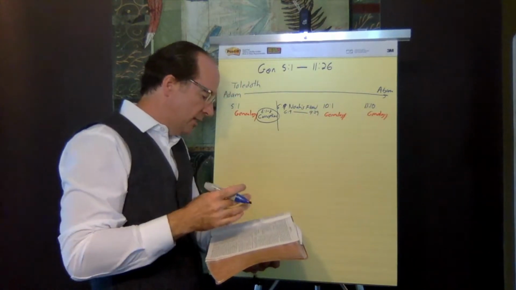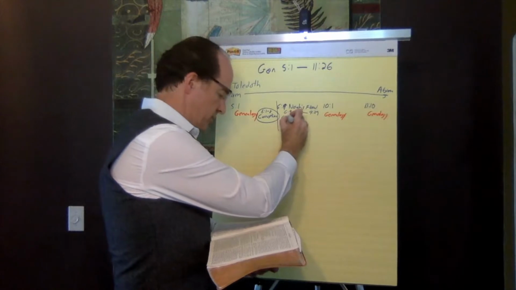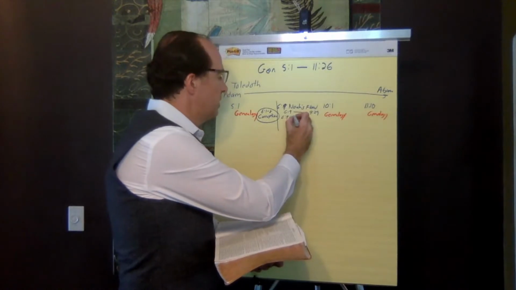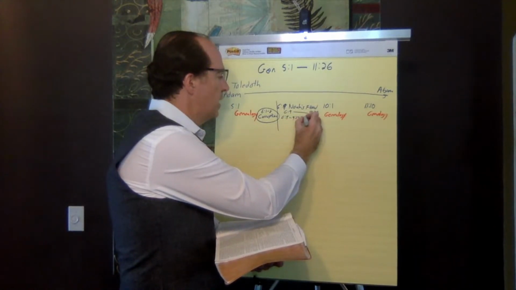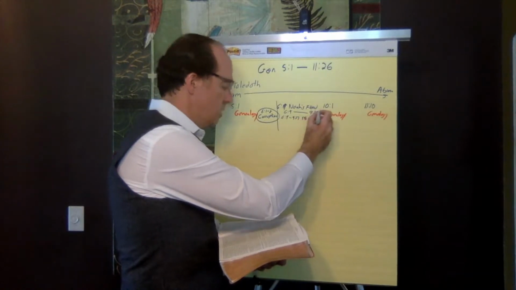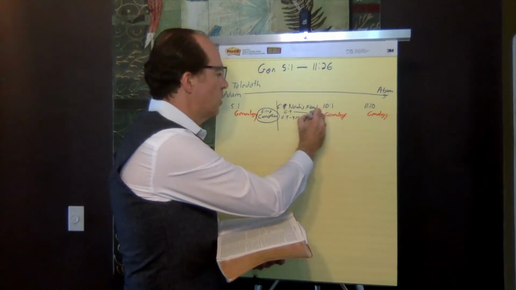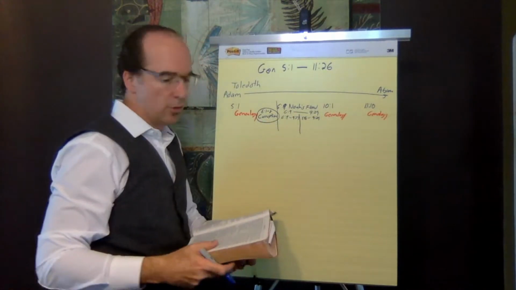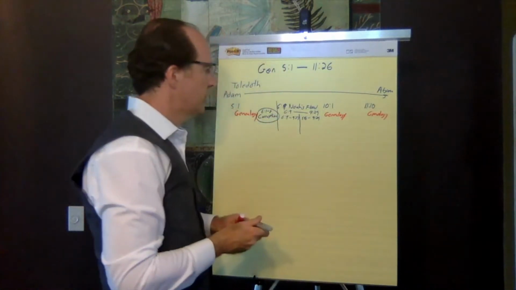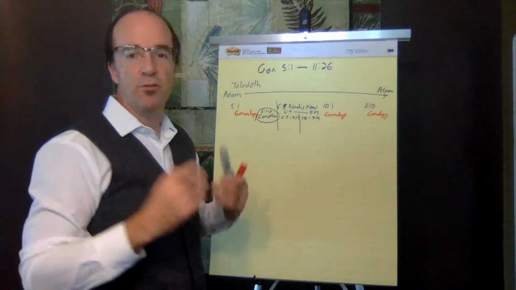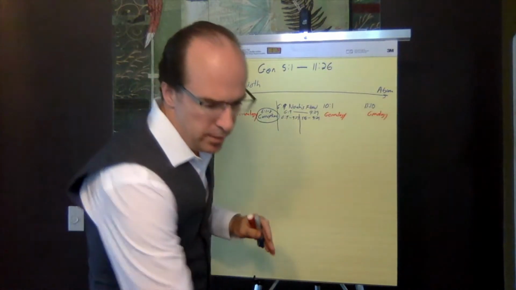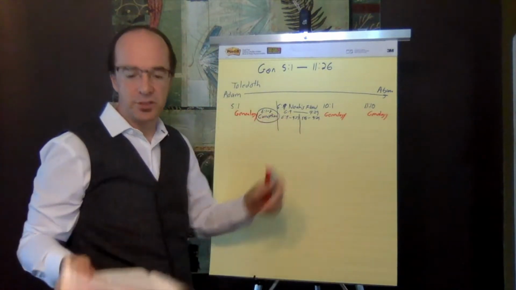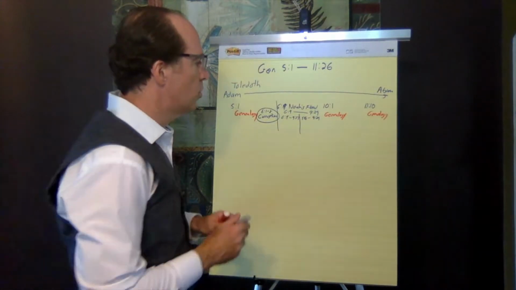And so we have the flood, which is essentially 6.9 through 9:17, and then we have the aftermath of the flood, which tells a very strange story about Noah and his sons that runs from 9:18 to 9:29. So we have this little middle section here. Then we get another genealogy which shows how the descendants of Noah's sons, Shem, Ham, Japheth, how their kids go out and spread into the whole earth.